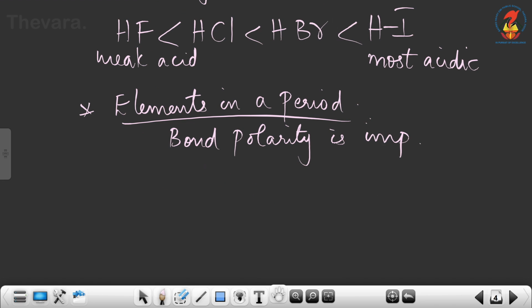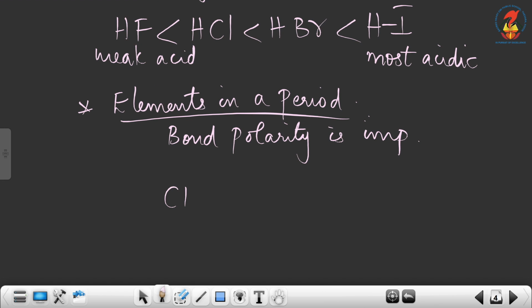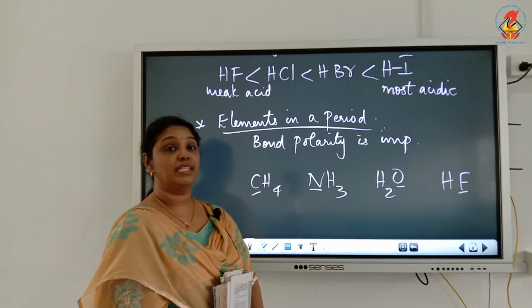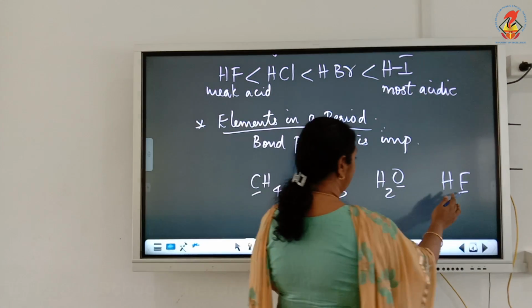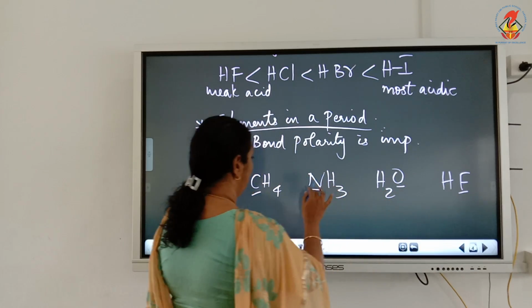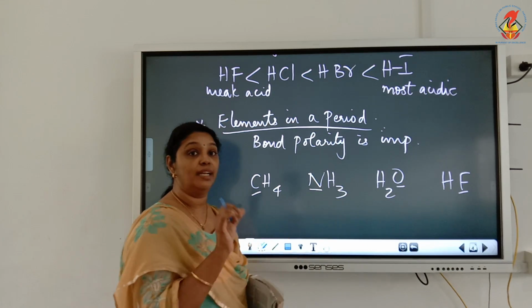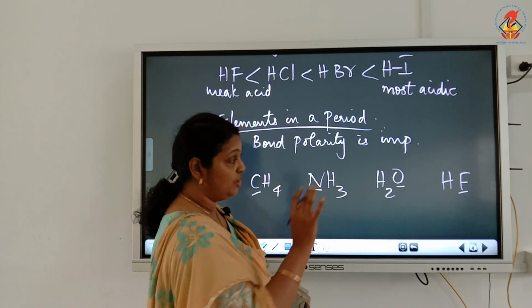For example, take the molecules methane, ammonia, water and HF. The central atom in methane is carbon, then nitrogen, oxygen, and fluorine. The maximum electronegativity difference is for HF, H2O comes after that, then NH3, and CH4 has the lowest, since the difference between carbon and hydrogen is very small, but between hydrogen and fluorine it is very high.